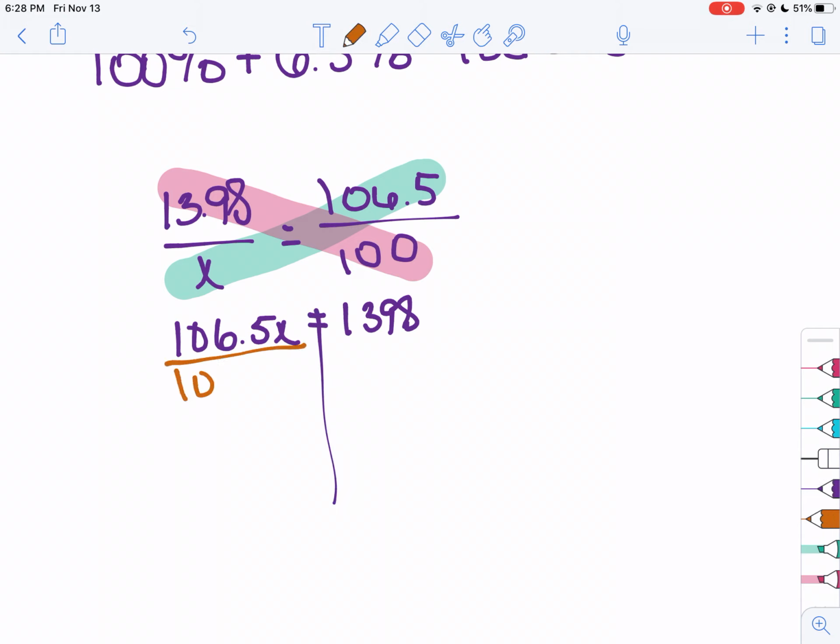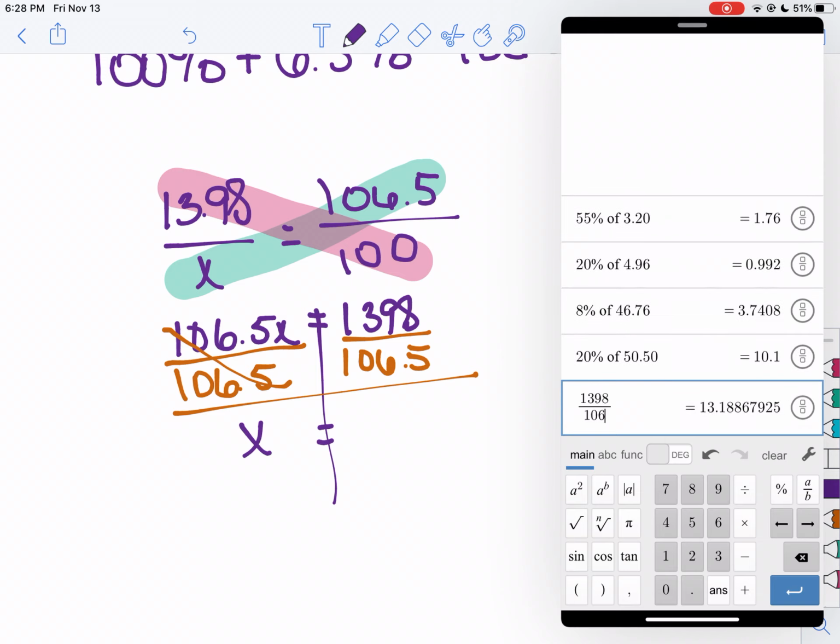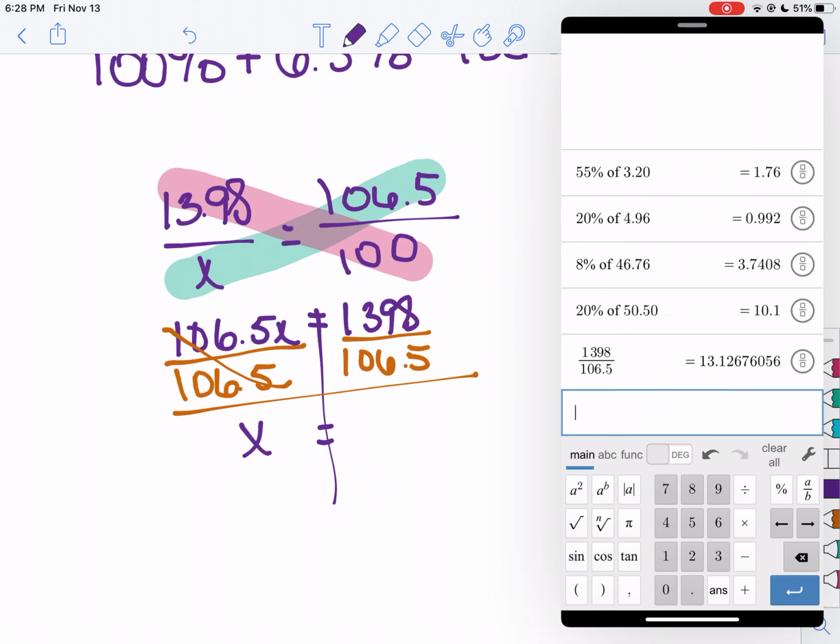Divide both sides by 106.5. So we're left with x on this side. So 1,398 divided by 106.5.